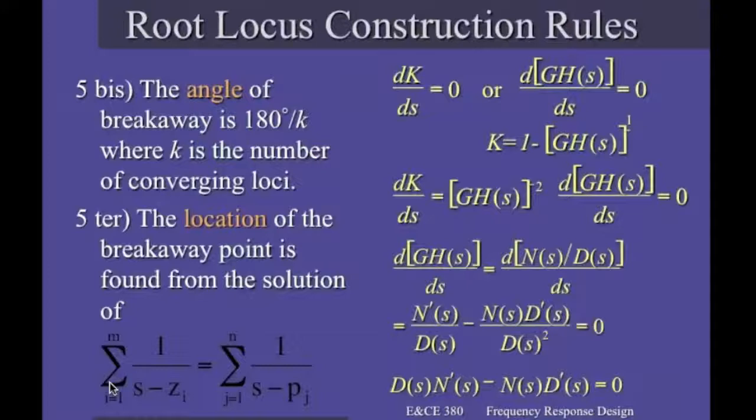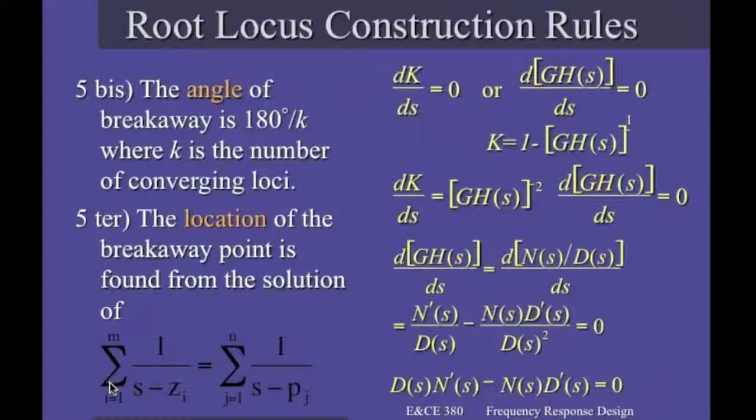So the idea was that of evaluating the derivative of k with respect to s and setting such a derivative equal to 0, which implies looking for a maximum or a minimum in a hypothetical function which establishes how k is changing with s.